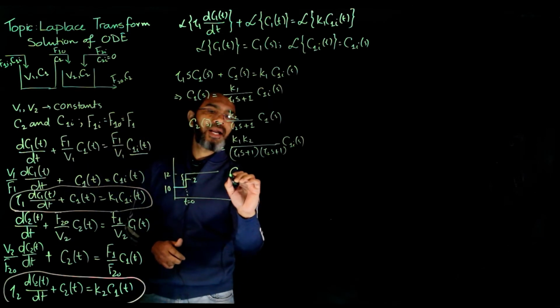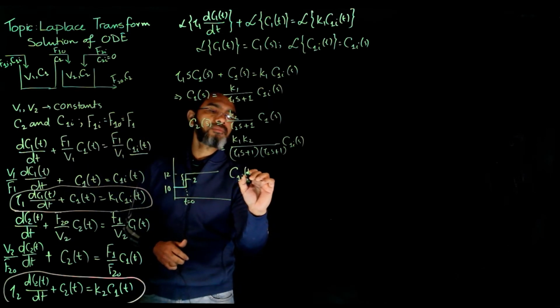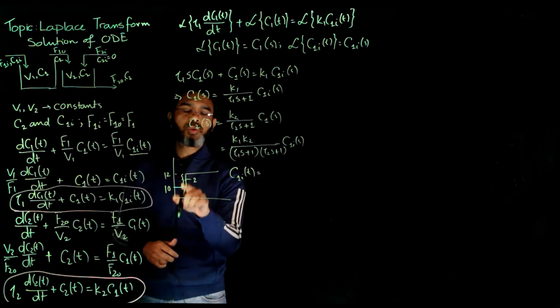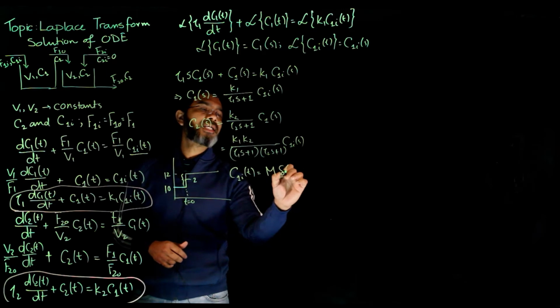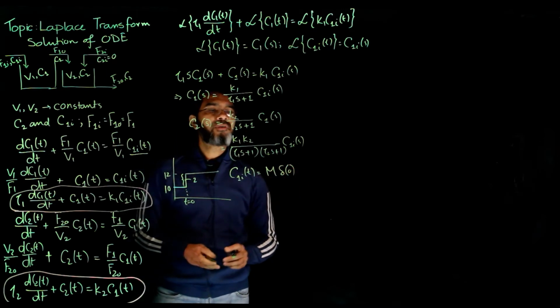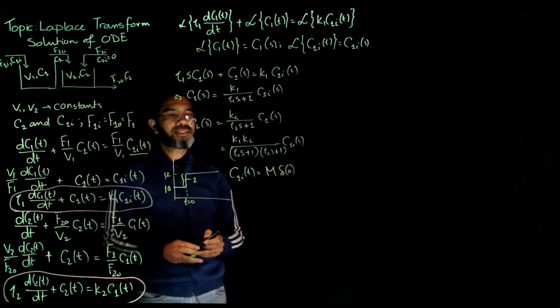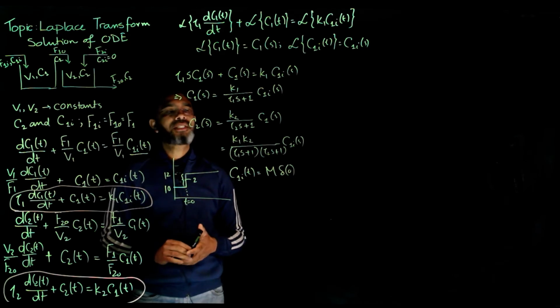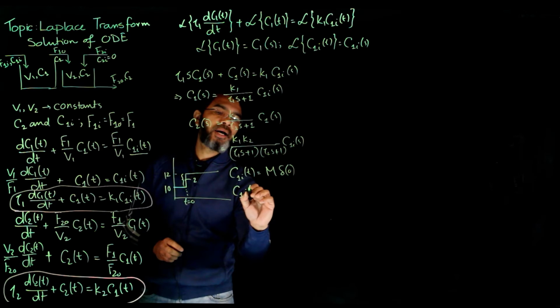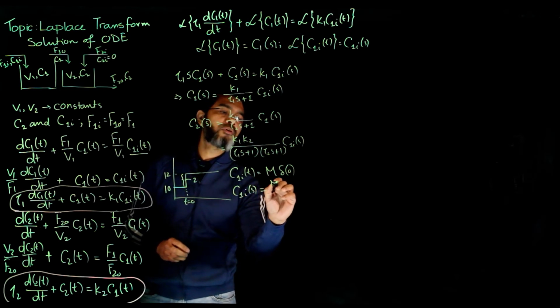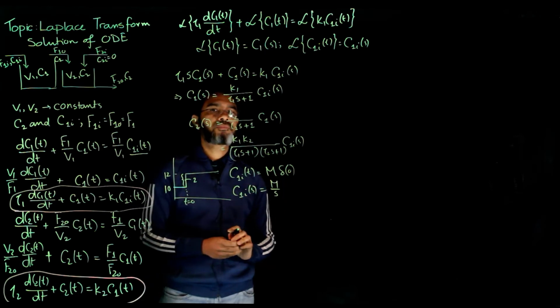So we have C1i(t) here, it's really 2. Suppose we take any value m, delta naught, meaning that before time 0 it's 0 and after time 0 it's m. So for this case we'll get C1i(s) to be m over s. Okay.